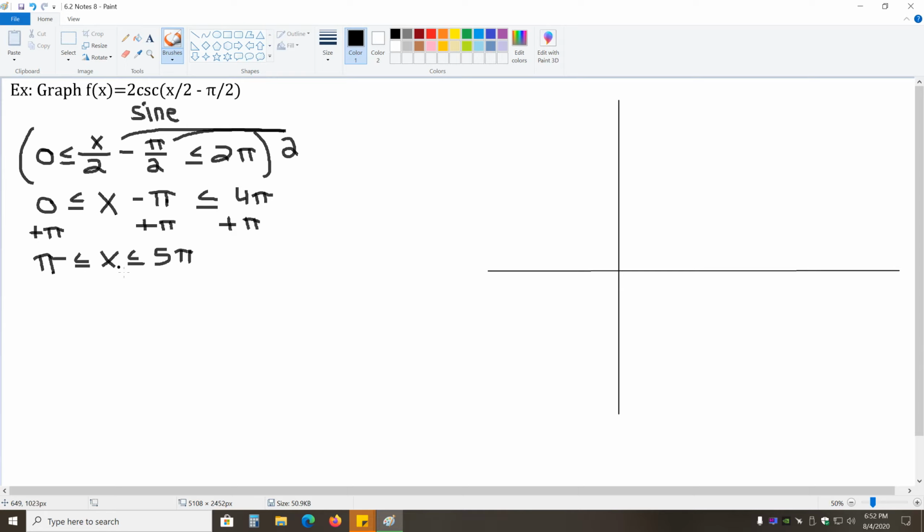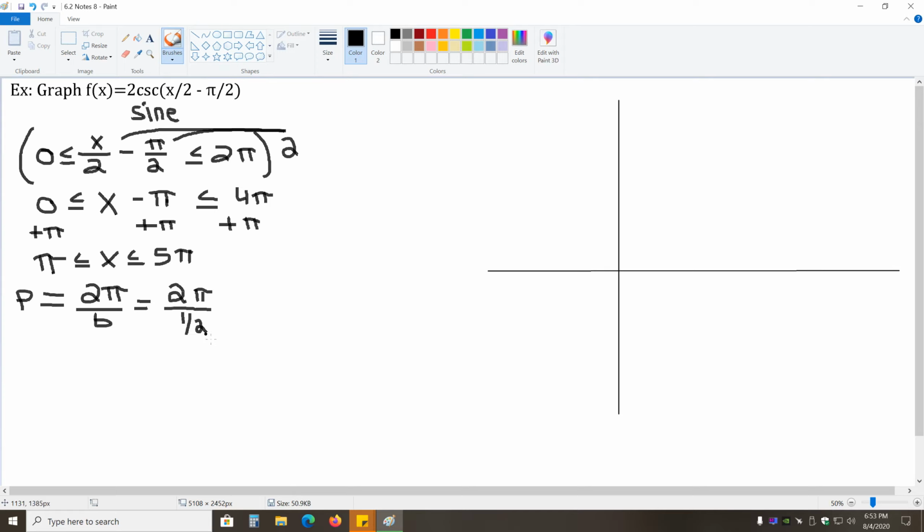Now we have an entire period of our graph, so we will now find the period, which is 2 pi divided by b, and b in this case is the number multiplied to x. Since x is being divided by 2, that's the same thing as saying it's being multiplied by 1/2.